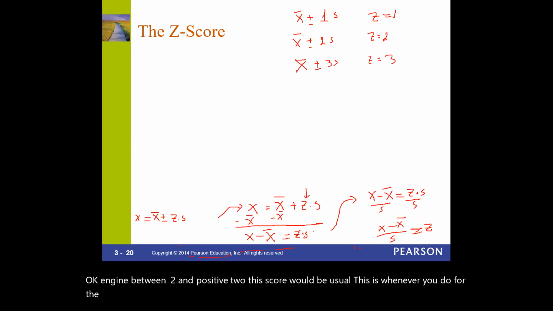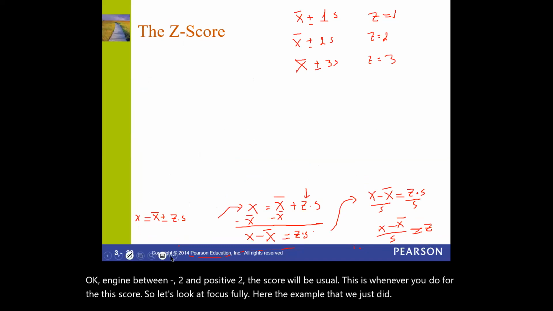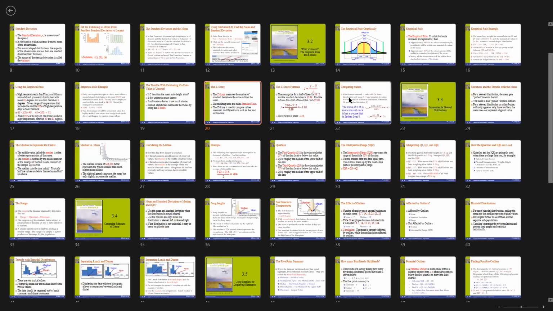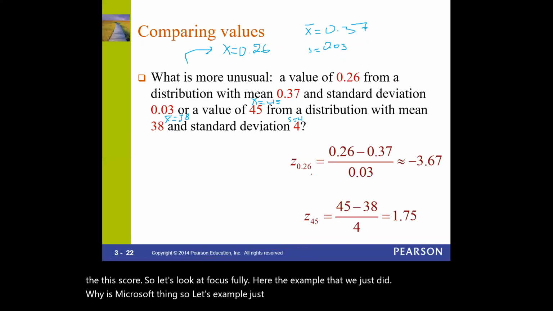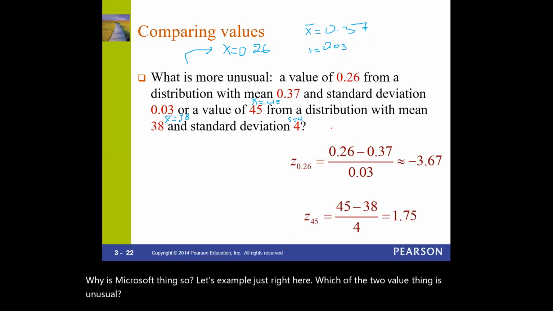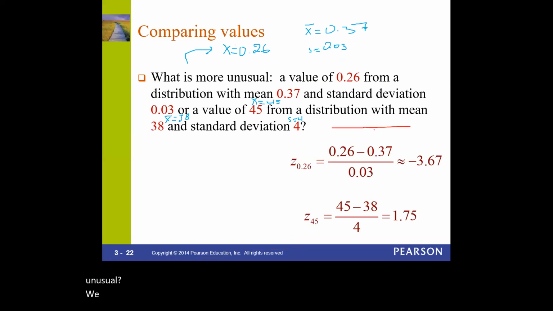So let's look carefully at the example that we just did. Which of the two values do you think is unusual? Remember, we have z like this for usual values.